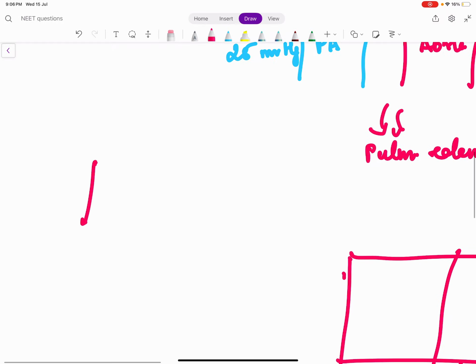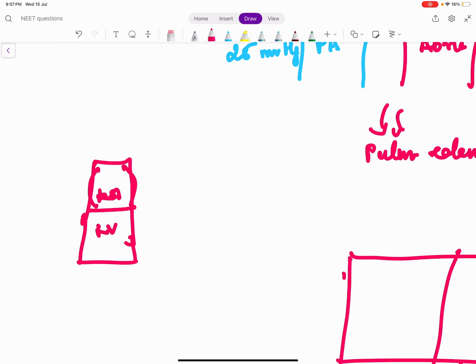So you should also know about mitral stenosis and mitral regurgitation, right? In mitral stenosis, left atrial enlargement will occur because the left atrium will try to pump blood into the left ventricle against the stenosed mitral valve. What happens in mitral regurgitation?